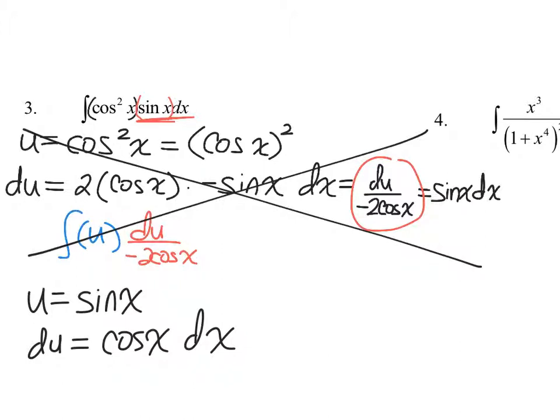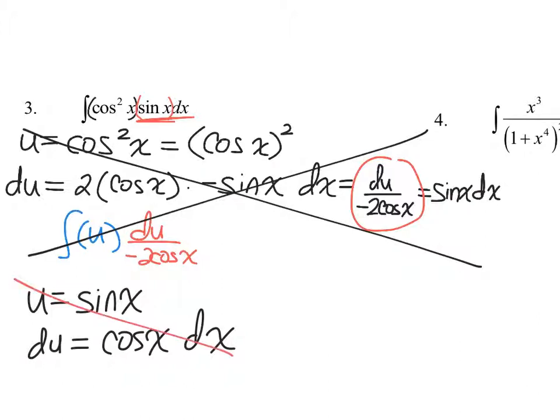But I don't have enough here to get rid of cosine squared dx. I only have enough to get rid of a cosine of x dx. Right? I'm still going to have a cosine x left over. So if you were to go through this process using this u, you'd still have an x and a u within your integral. All right? So game over for that one.